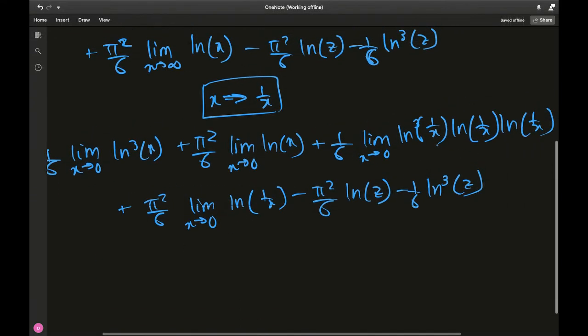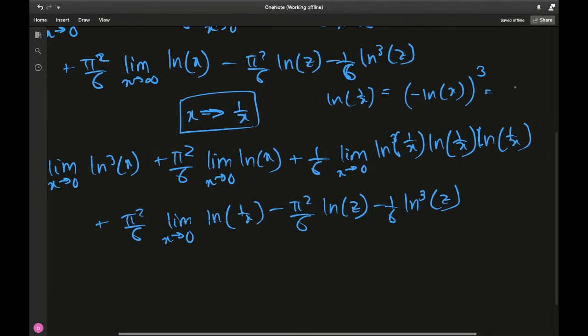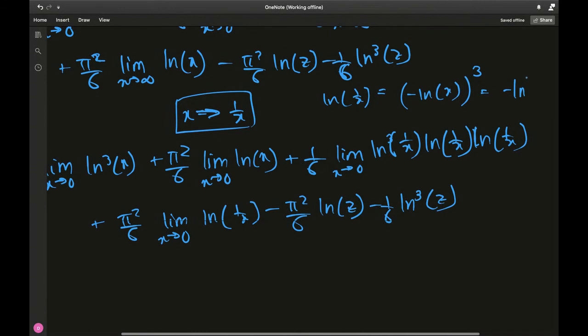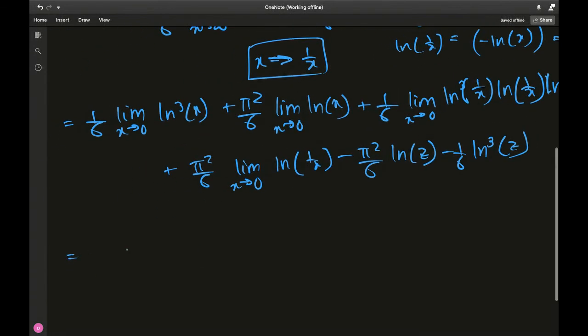Now, natural log of 1 over x is negative natural log of x. That's just a standard logarithm property. And we'll have 3 of these, right? So negative natural log of x, the whole thing cubed, is going to be negative natural log cubed of x. So we can make those changes.